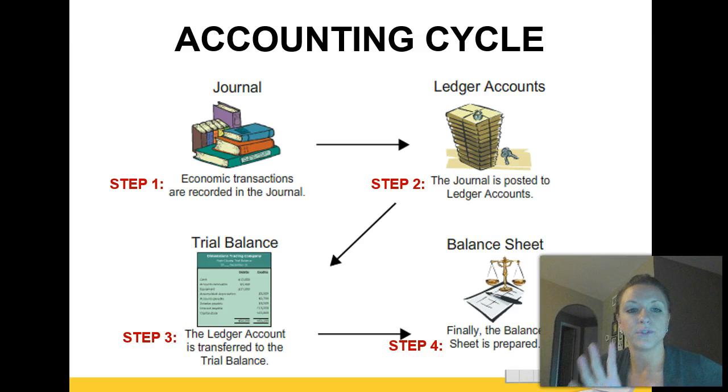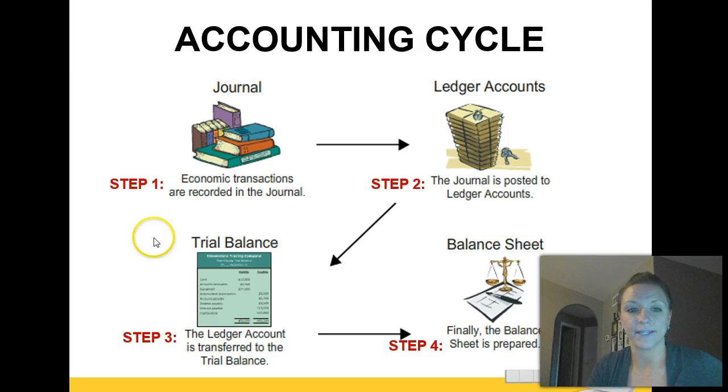First, you start with the journal, step 1 here, recording all of the transactions that the company makes. Then we take that information and post it to the ledger accounts. Today we're going to focus more on the journal entries, but I want to give you a big overview of what we're going to cover in this course.